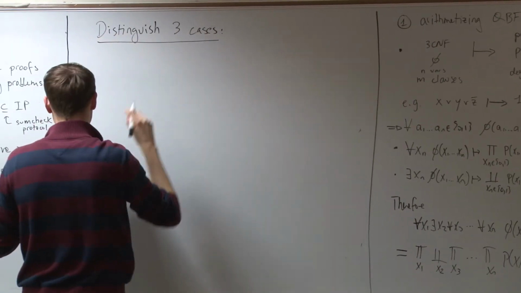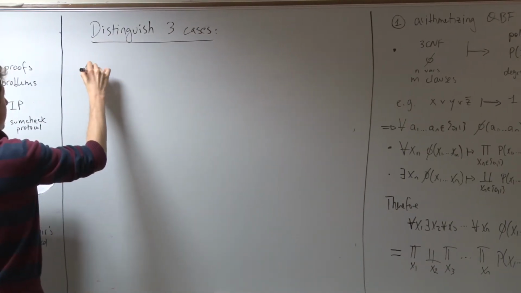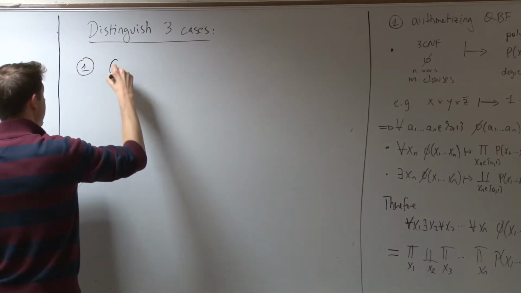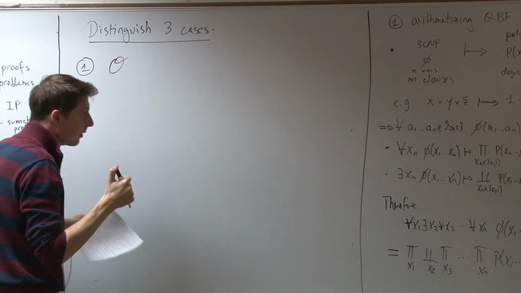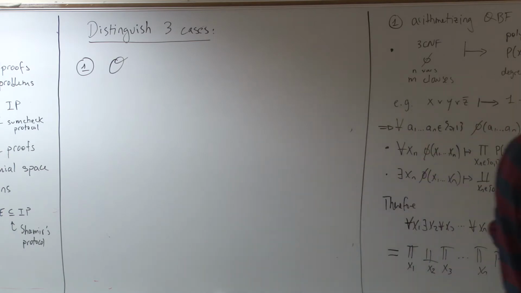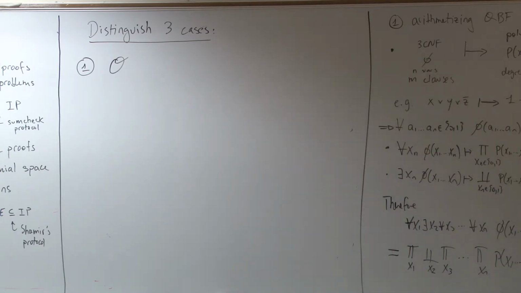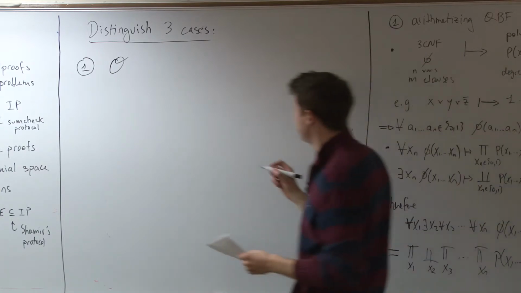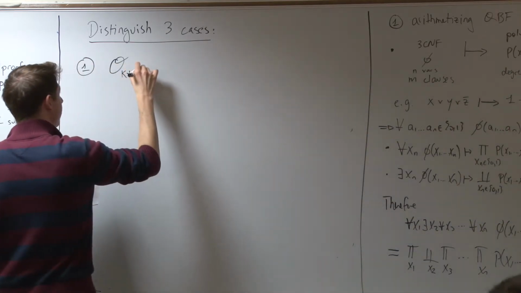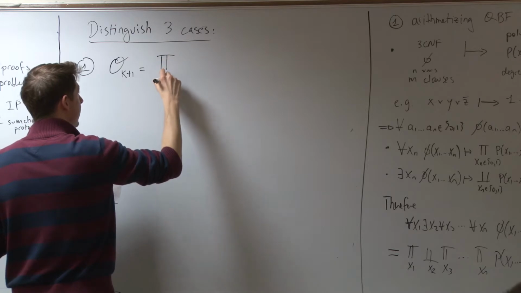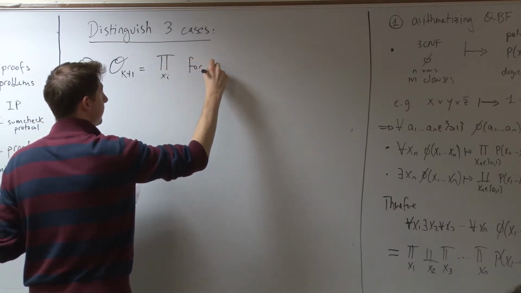Okay, let's start with maybe a simple one and familiar. Say that the operator that we want to peel off, called O_{k+1}, equals product over x_i for some i.